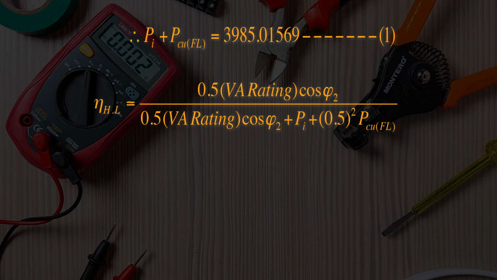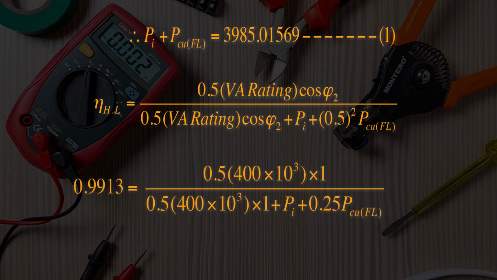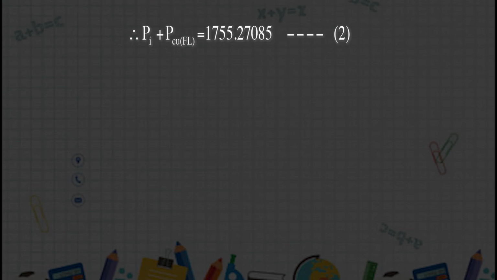This 0.5 indicates half load, that means this small n is equal to 0.5. The efficiency at half load is given as 0.9913, the VA rating is 400 into 10 to the power 3, and the power factor is unity. Just put all these values and you will get the final expression as Pi plus PCU at full load is equal to 1755.27085, and you can write this as equation number 2.